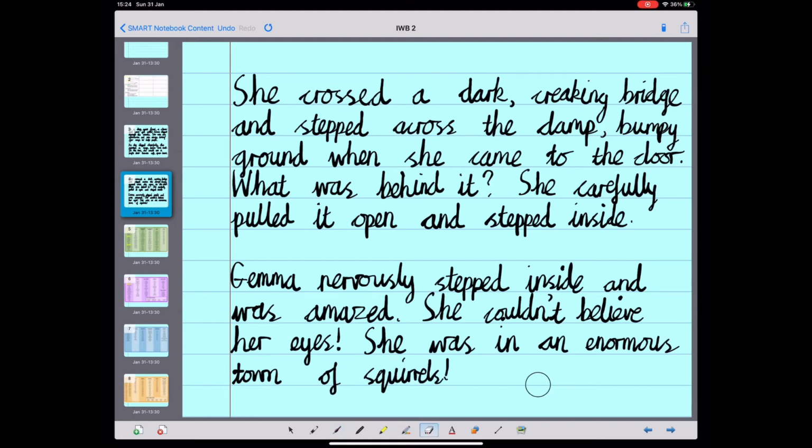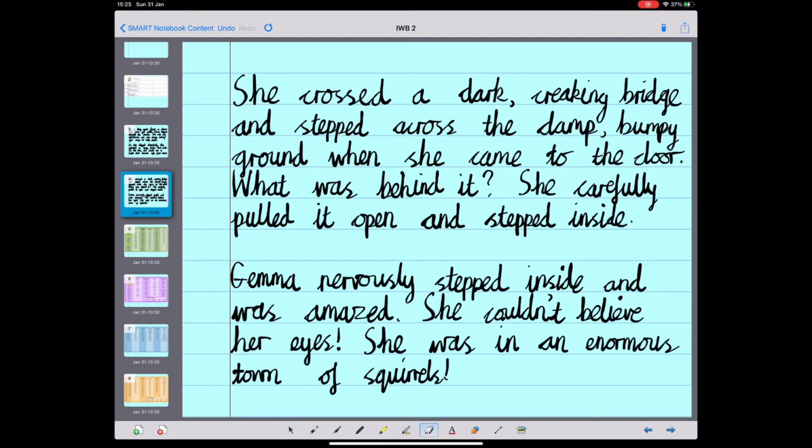So I've used a powerful adjective there, enormous, to get my reader interested. So far, I've used noun phrases, powerful verbs, powerful adverbs, and I've even used some questions as well to get my reader interested. So make sure you use those when you're writing your story if you can. Those will really help to get your reader excited.